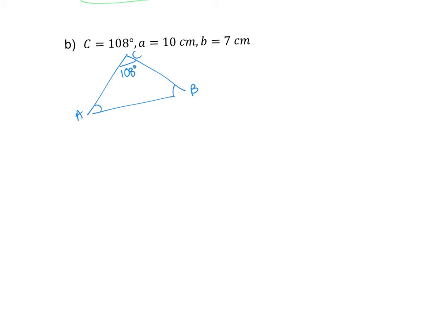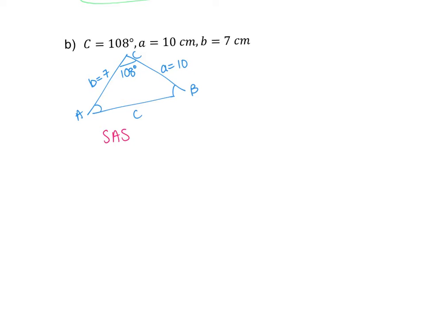I don't know what A and B are, but I do know B's side is 7 and A is 10. I don't know what C is. So in that case, I do have a side, angle, side. So I'm definitely using law of cosines here because I have two of the sides.